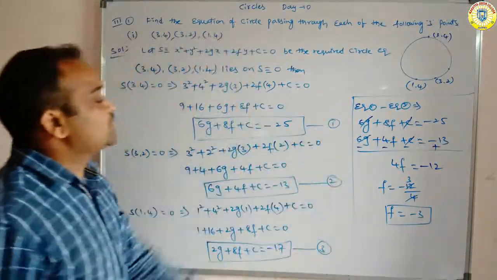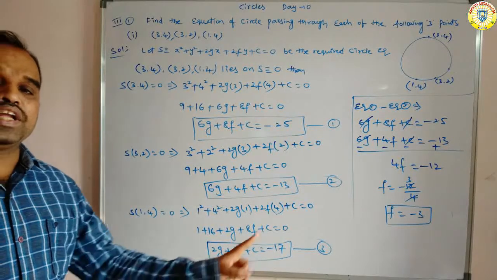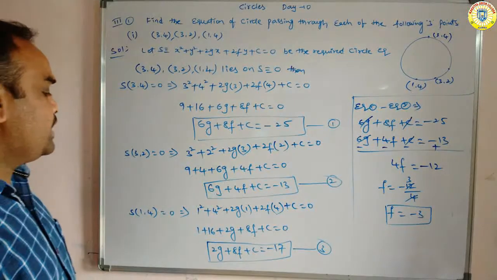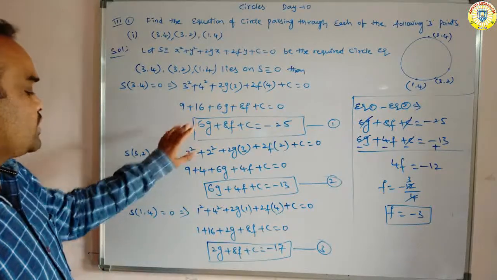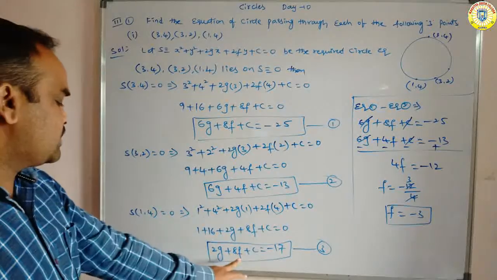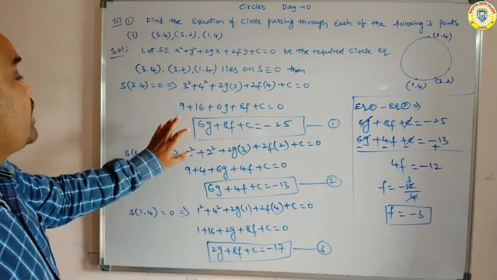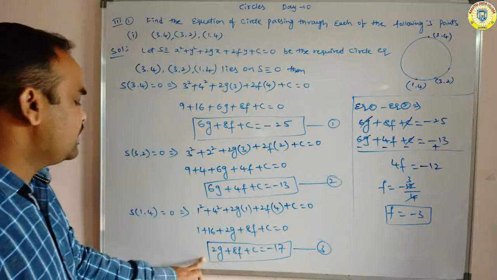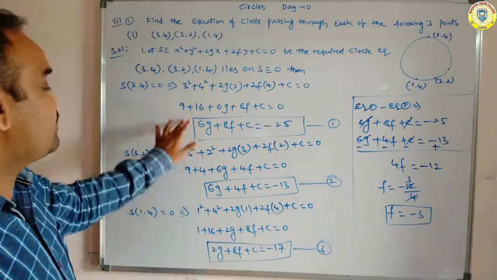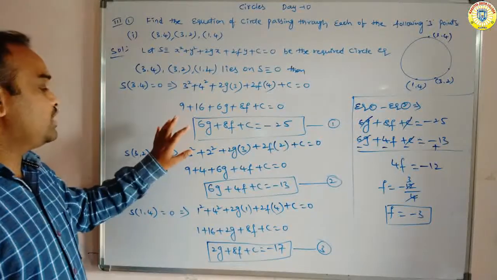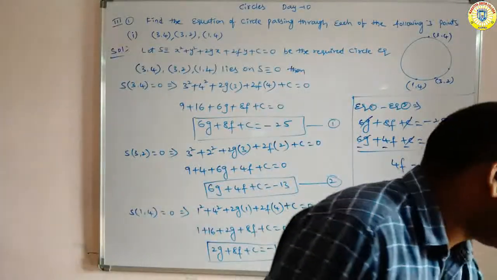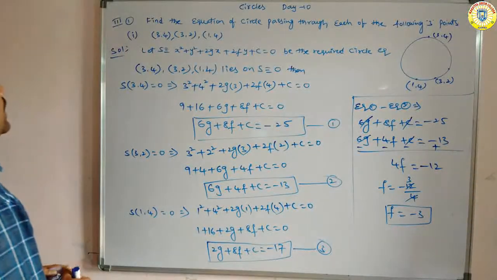So all of you note this one first: here we got f is equal to minus 3. Equation 1 minus equation 2 is completed. Now 8f is there in equation 3 also. Now we are doing equation 1 minus equation 3, solving equation 1 and equation 3, and we get the g value. Here we completed equation 1 minus equation 2.